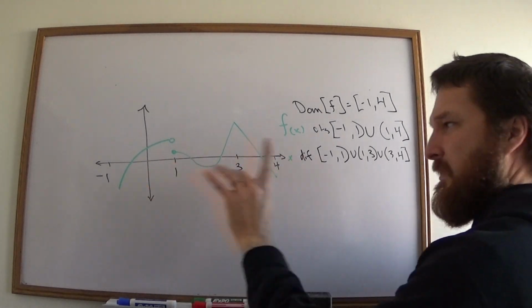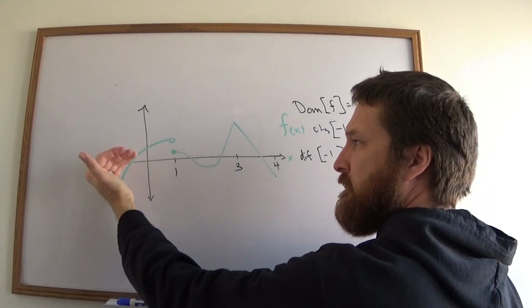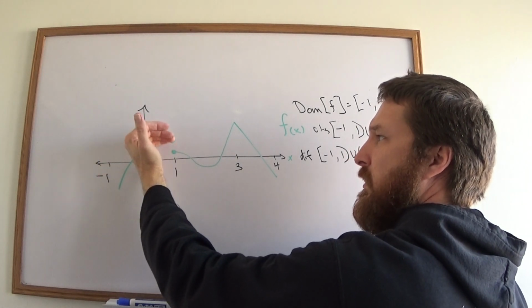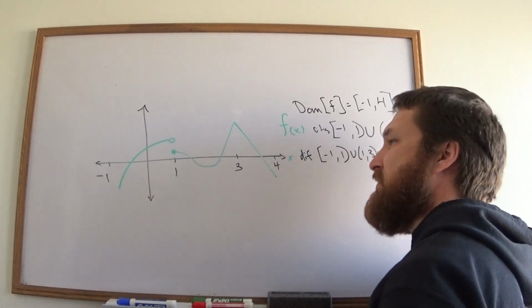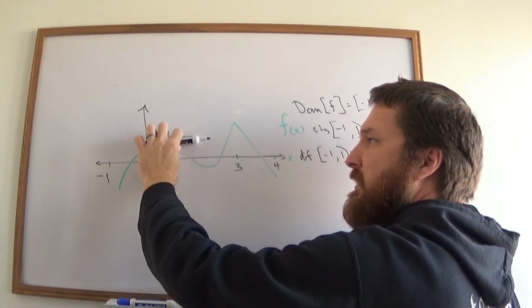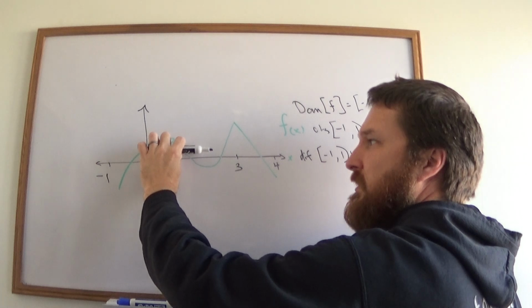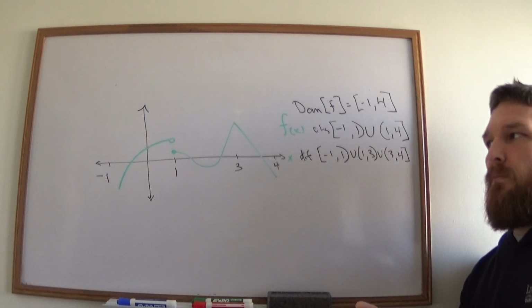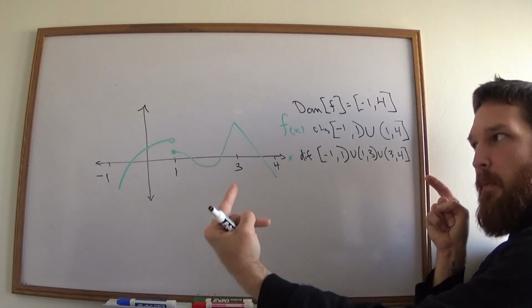It looks like, to me, and the way I drew this is that the slope goes to 0 here, and then down here it looks like the slope is also 0. So the derivative would match up from either side.